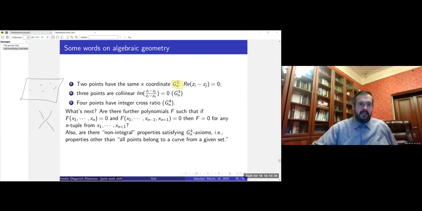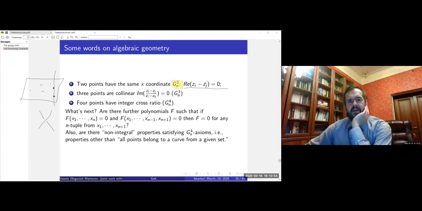A crossing is a situation when two points have the same x coordinate. So if we consider points as complex numbers, then it means that the real part of their difference is 0.